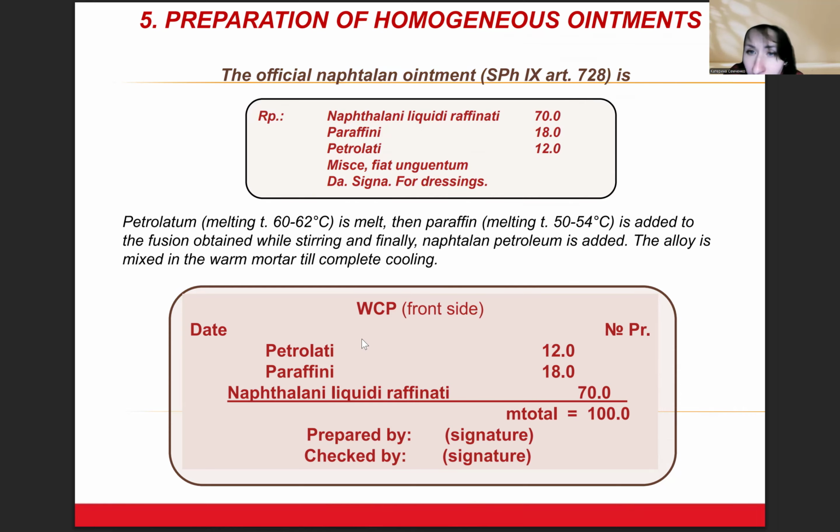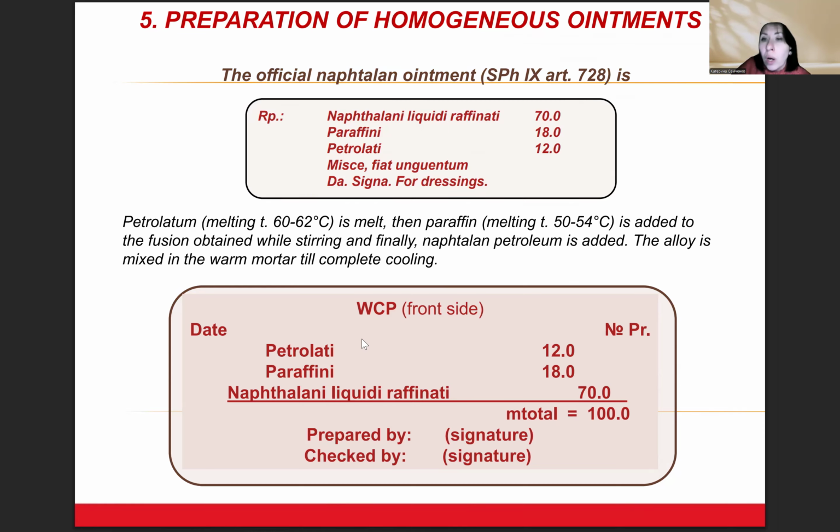There we add some paraffin, mix it with the help of a glass stick, they melt together, then you just take it out of the water bath, add the naphthalene liquid raffinati, and mix with the help of a glass stick. Altogether, after that you transfer it to the mortar, and with the help of a pestle, mix it until complete cooling down. Then you got a good ointment, which you after that transfer to the jar.